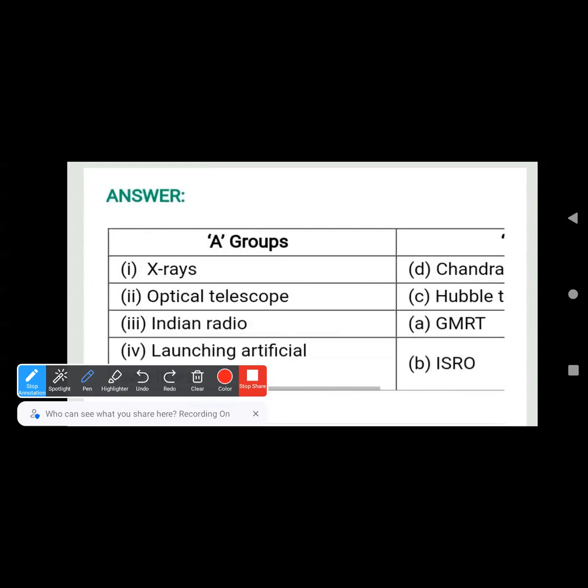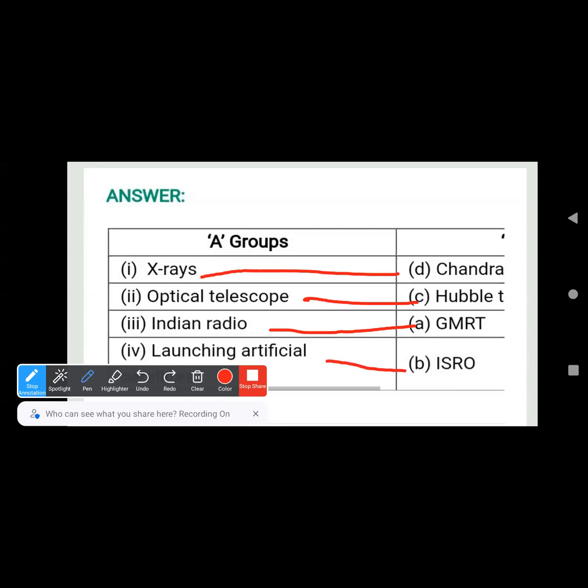X-ray telescope is Chandra telescope. Optical telescope, the Hubble telescope is an optical telescope which is there in the space. Then Indian radio, GMRT, giant meter wave radio. Then launching artificial satellites. Who launched these artificial satellites in India?